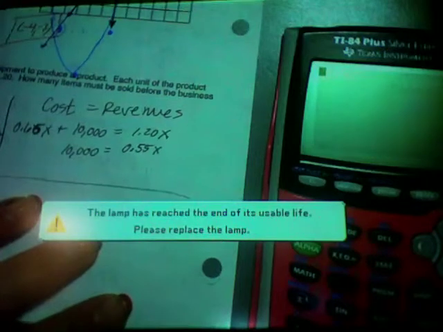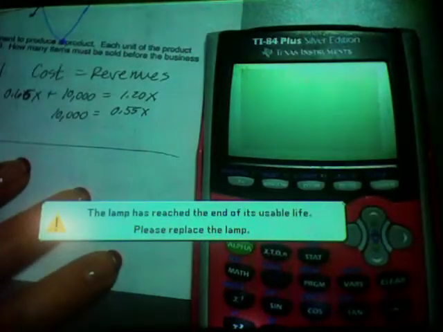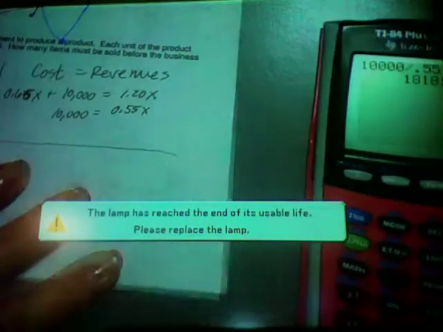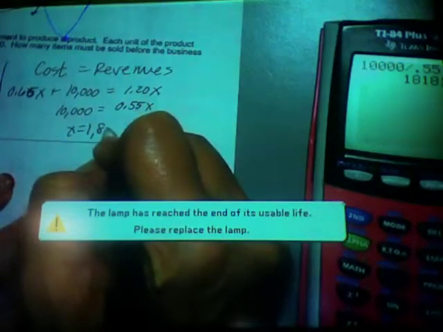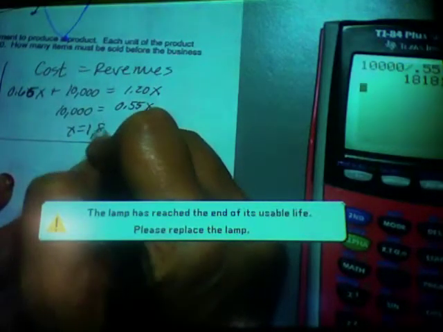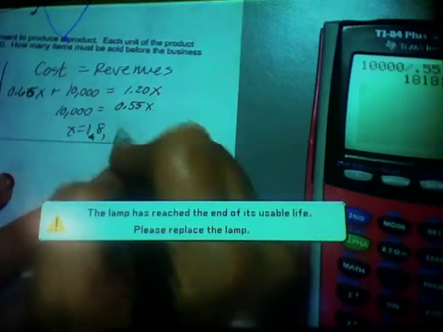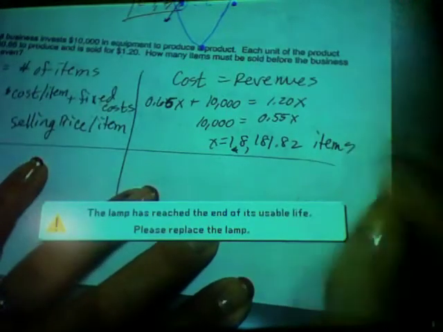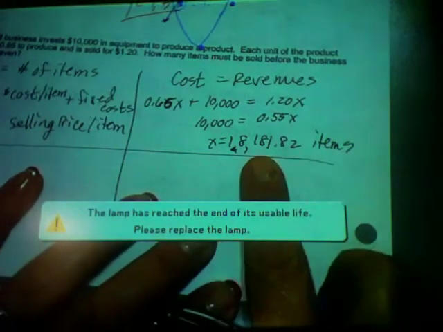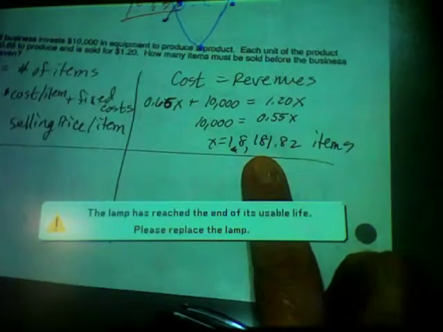Alright, then how are you gonna solve? 10,000 divided by 0.55, and so we get x is equal to 18,000, sorry, oopsies, 181.82. Isn't that items? So if we sell 18,181 items, will we break even?